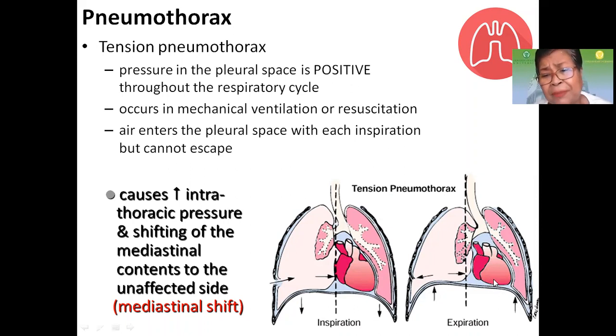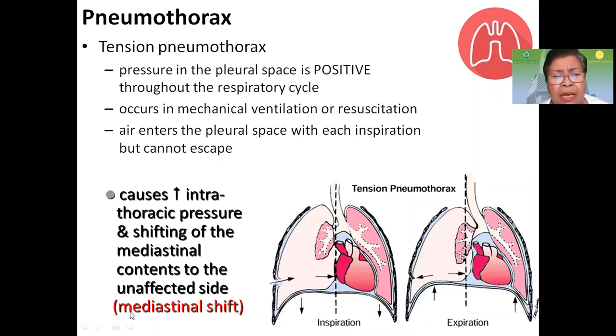Kaya, the mediastinal structure remain in the unaffected side. Yun ang tinatawag na tension pneumothorax. Balikan, pressure in the pleural space is positive throughout respiratory cycle. Air enters the pleural space within inspiration but cannot escape. No, hindi makalabas.